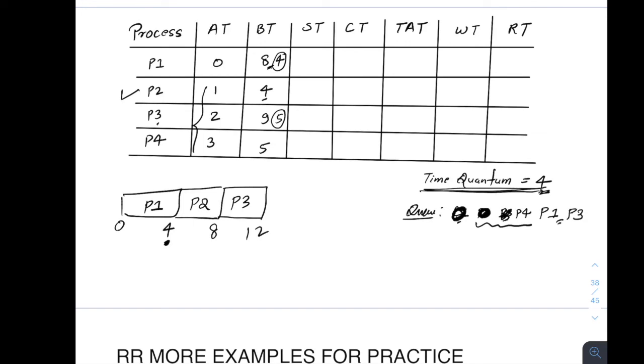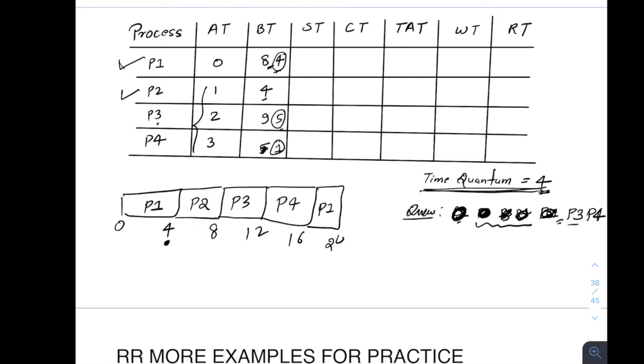Now you have P4. P4 burst time is 5, but it will get only 4. Remaining is 1 for it, and kick it to the last. Now you have P1. P1 remaining is only 4, so give it all, till 20. Kick out P1, it is terminated. Next P3 in the queue.